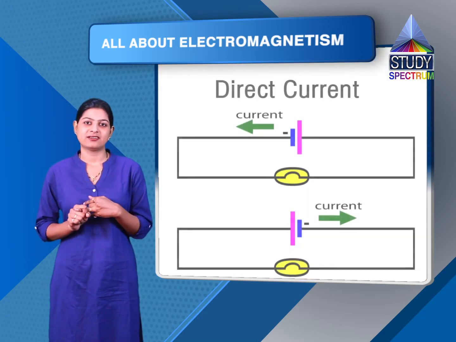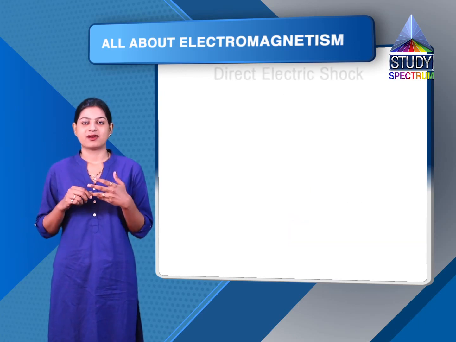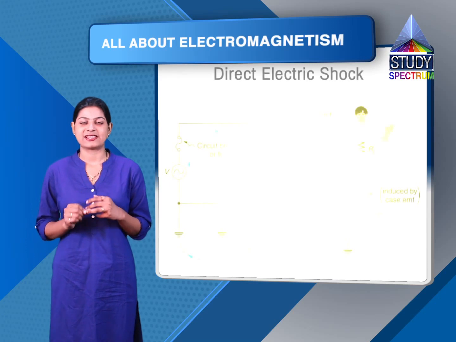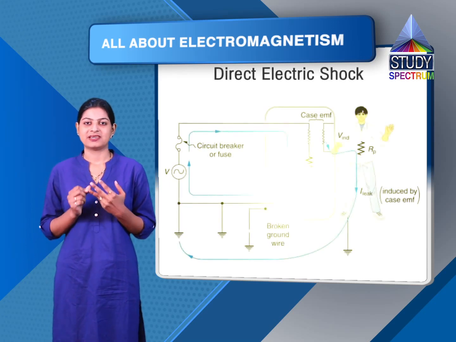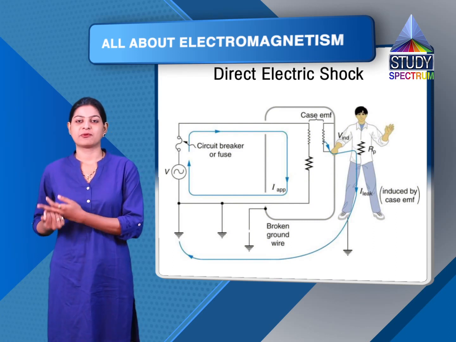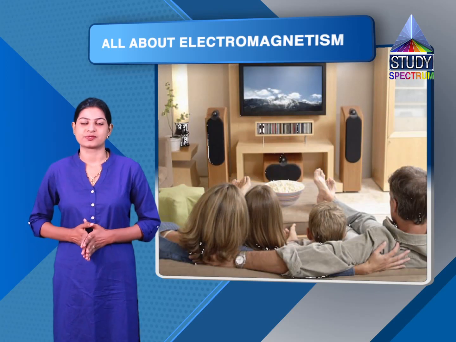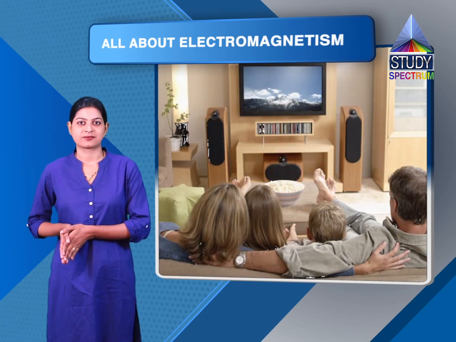Wherever we are using direct current, earthing is very much required. It protects the person from getting a direct electric shock. Direct electric shocks are also fatal, which may lead to the death of a person. So in this way, electricity is supplied to our houses using so many precautions.